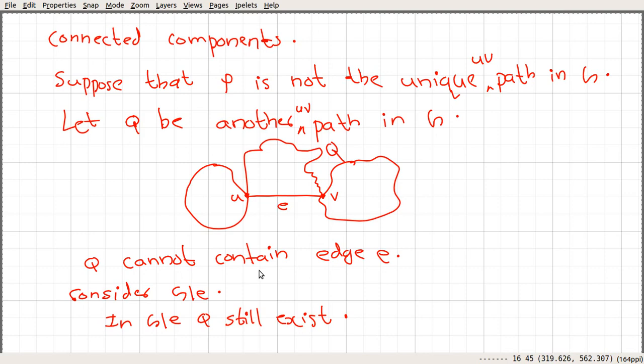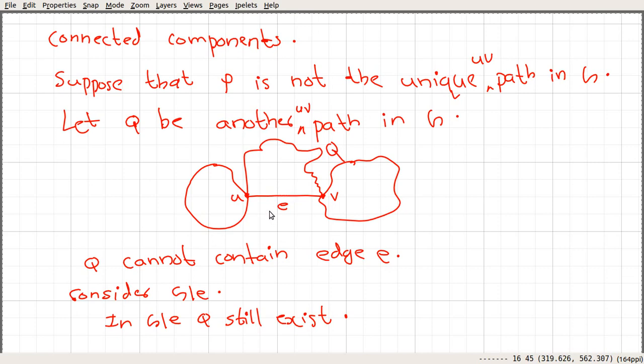For that purpose we are going to take two arbitrary vertices x and y belonging to G minus E, and using those x and y we are going to show that G minus E is still connected. It is for any two vertices in our graph.